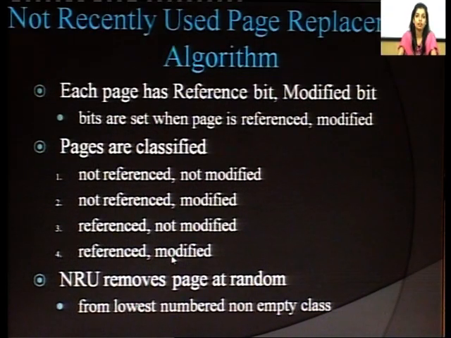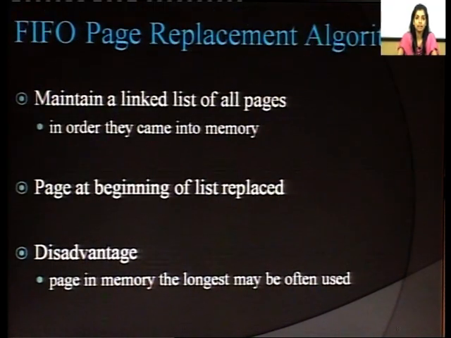In not recently used, remove a page at random from the lowest numbered non-empty class. Third is the first in first out page replacement algorithm, which means the page that comes first goes out first.